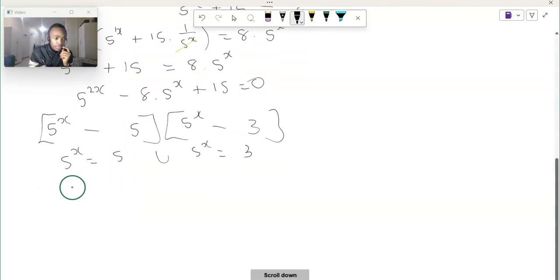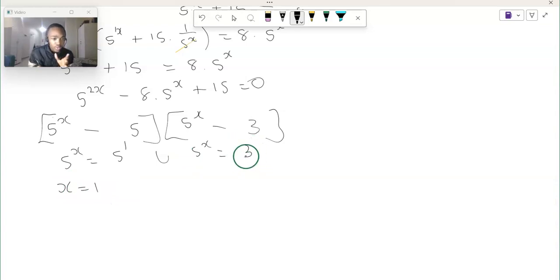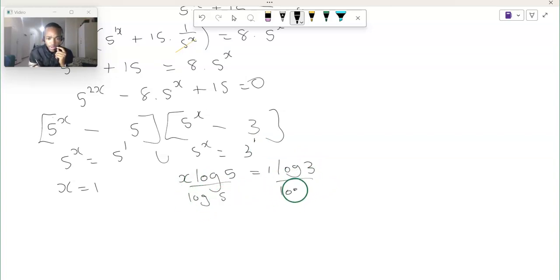So what we do here, we notice the bases are the same. Equate the exponents, therefore x should be 1. And here there's nothing we can do about this one, so we can just introduce the logs, using logarithmic equation properties. Here we have 1, so log 3, and you can divide everything by log 5, here again by log 5.